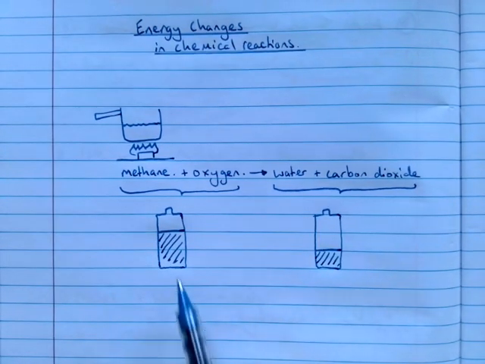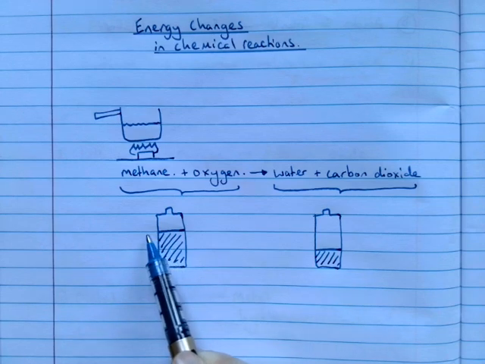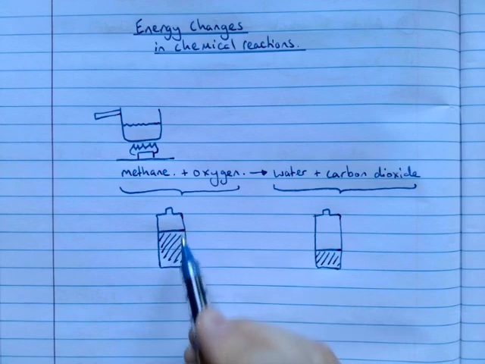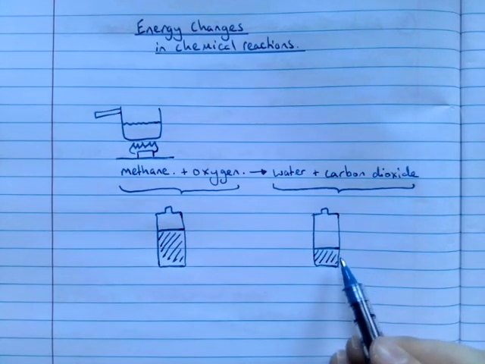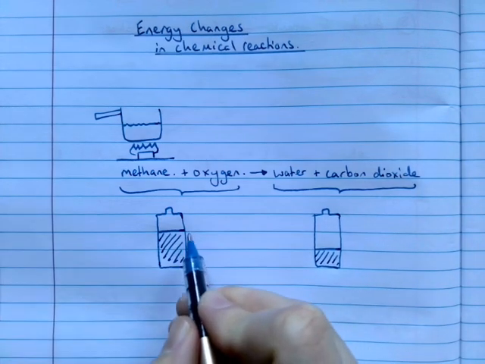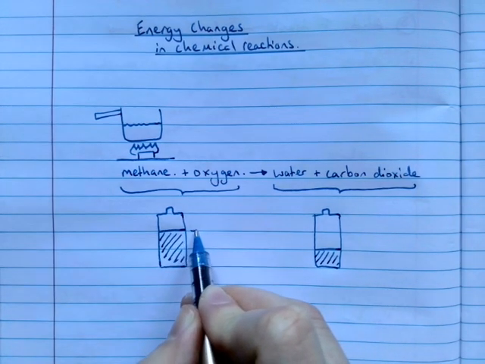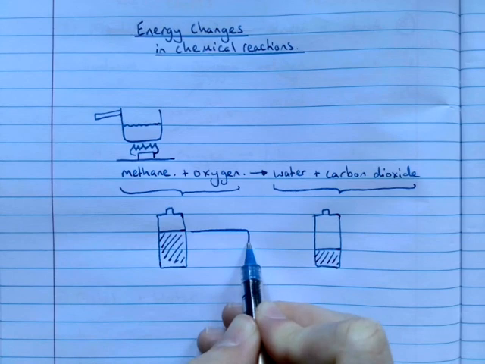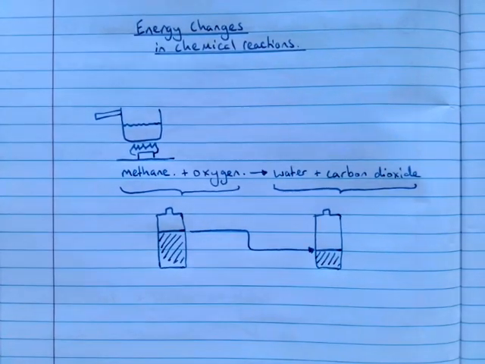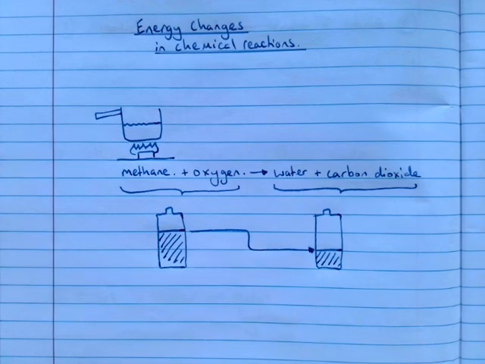Okay, so what we can see is that the level of the energy in the reactants is quite high, and the level of the energy in the products is lower. Okay, so what's happened is, during our reaction, the amount of energy in the chemicals has decreased.